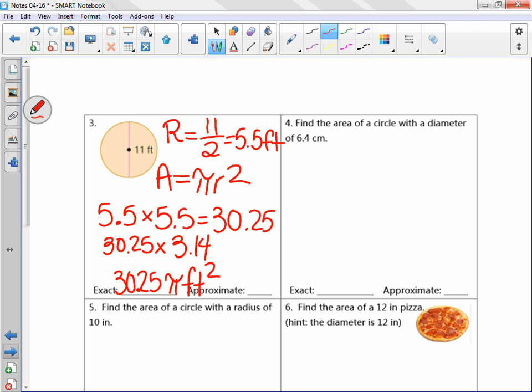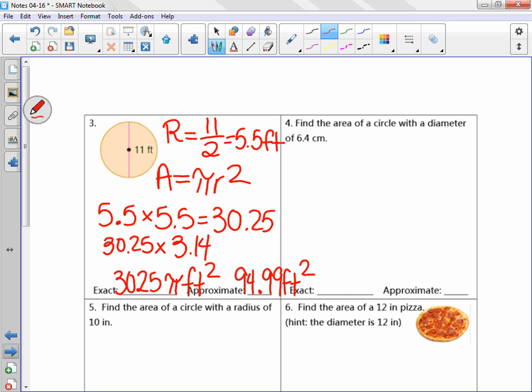My answer to the closest hundredth place would be 94.99 feet squared. Notice, only the pi symbol goes in the exact answer. If I put it with the approximate answer, we talked about this already, it's like double doing the pi symbol. You've already multiplied it by pi, so there's no need to do it again.